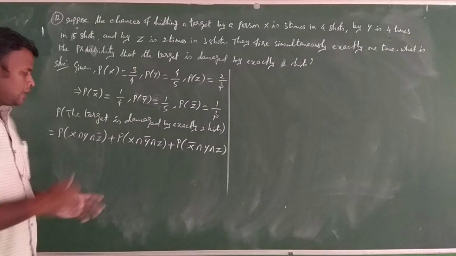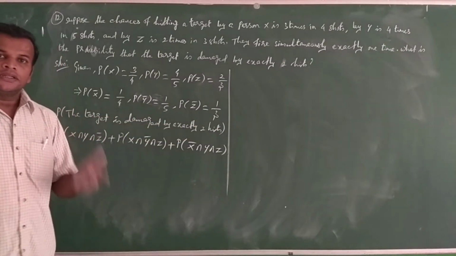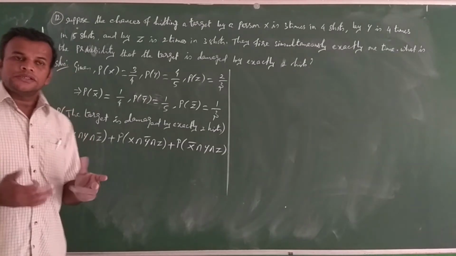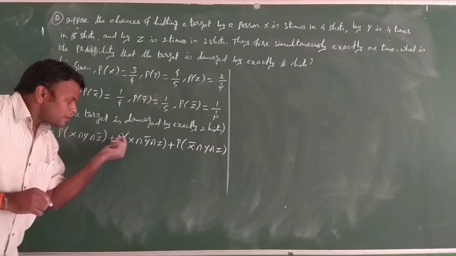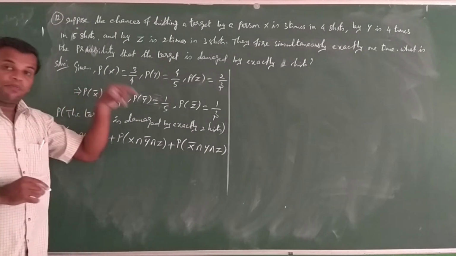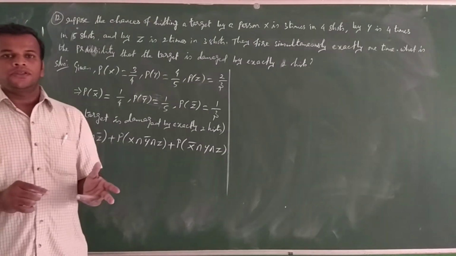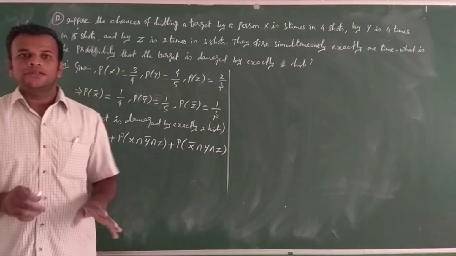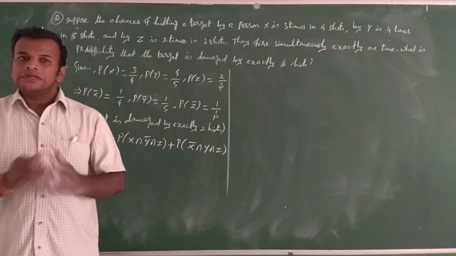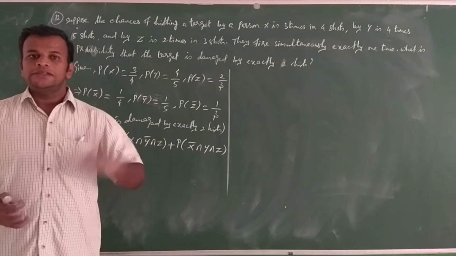Now I say all the events are independent because the hitting of the target is a constant probability for the individual persons. Each and every person takes a shot. It may hit the target or it may not hit the target. So the hitting of one person does not affect the other person, that is x, y, z persons.